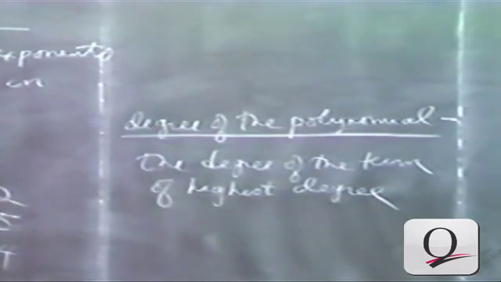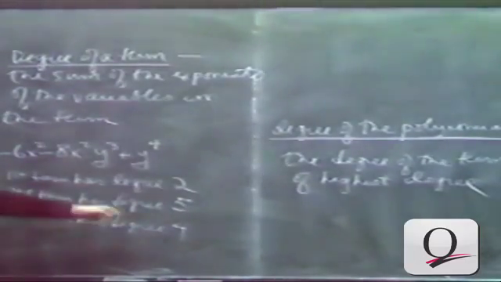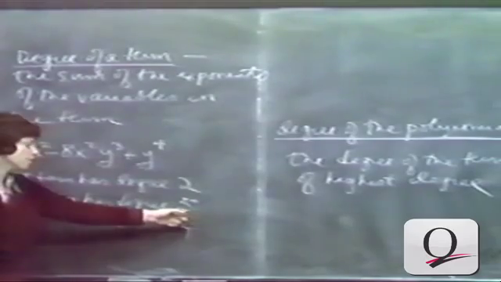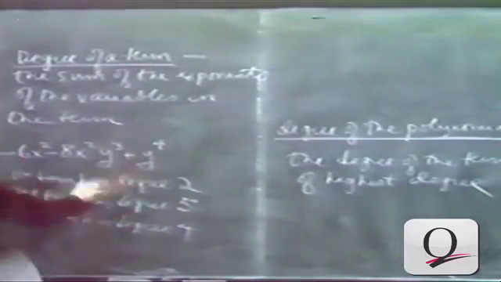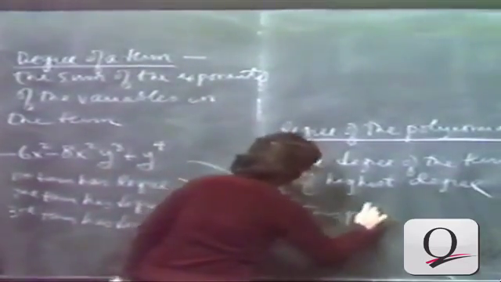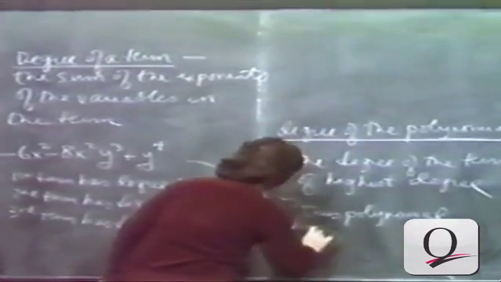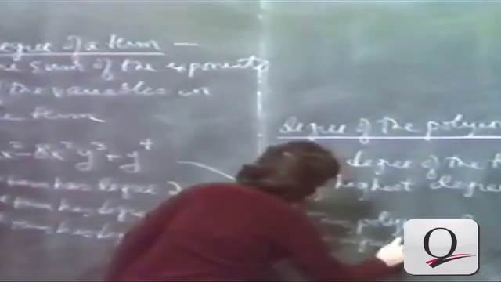So we look at each term in the polynomial. We look at their degrees, in this case 2, 5, and 4. The largest one is 5. That is the degree of the polynomial. So this particular polynomial has degree 5.